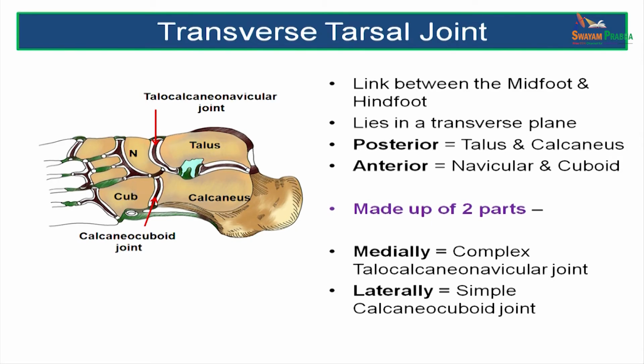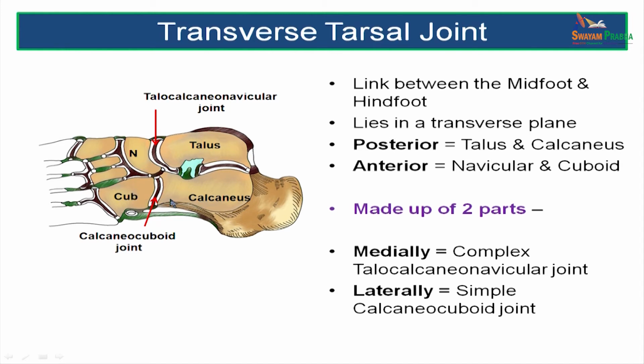The transverse tarsal joint is a link between the midfoot and the hindfoot. It lies in a transverse plane and it lies between the posterior components being the talus and calcaneus and the anterior components being the navicular and cuboid.